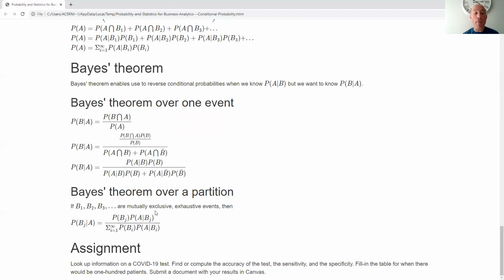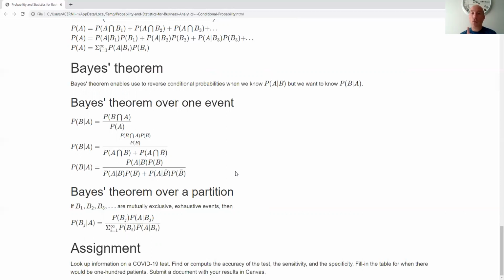If I want to do this over a partition instead of an individual event, then the probability of B sub j given A is equal to the probability of B sub j times the probability of A given B sub j, divided by the summation. The one that's most important for us is going to be this one. This part is probably the one we're going to be working with the most.